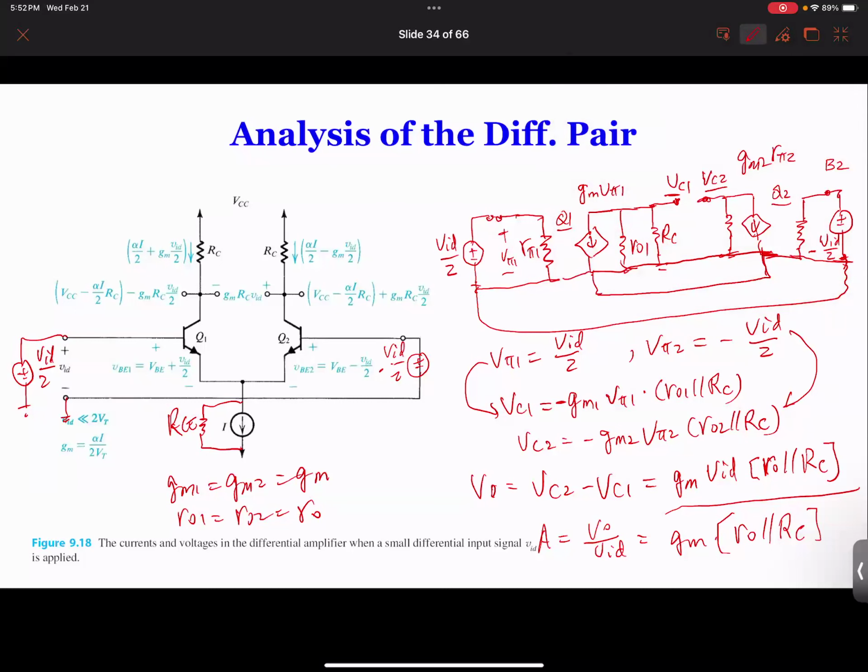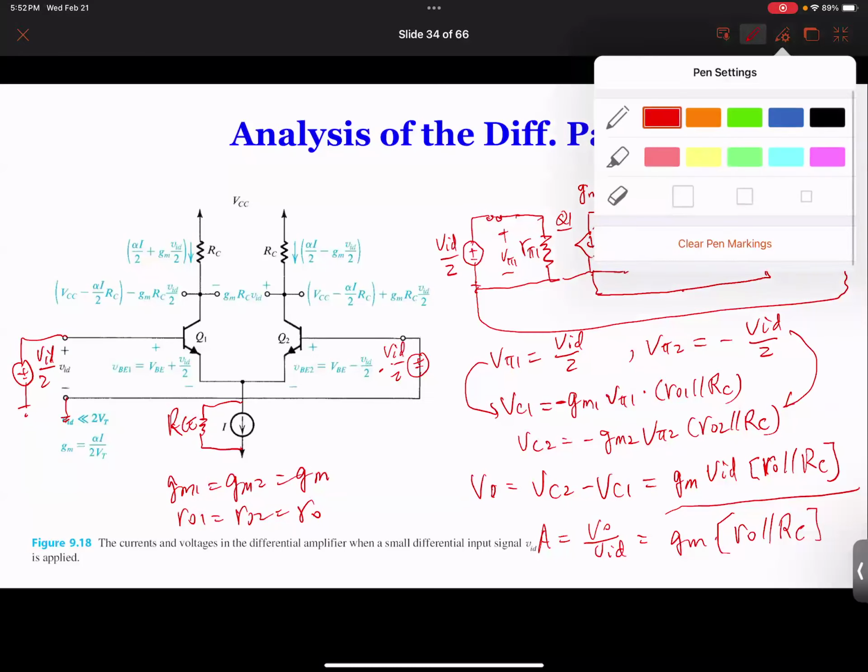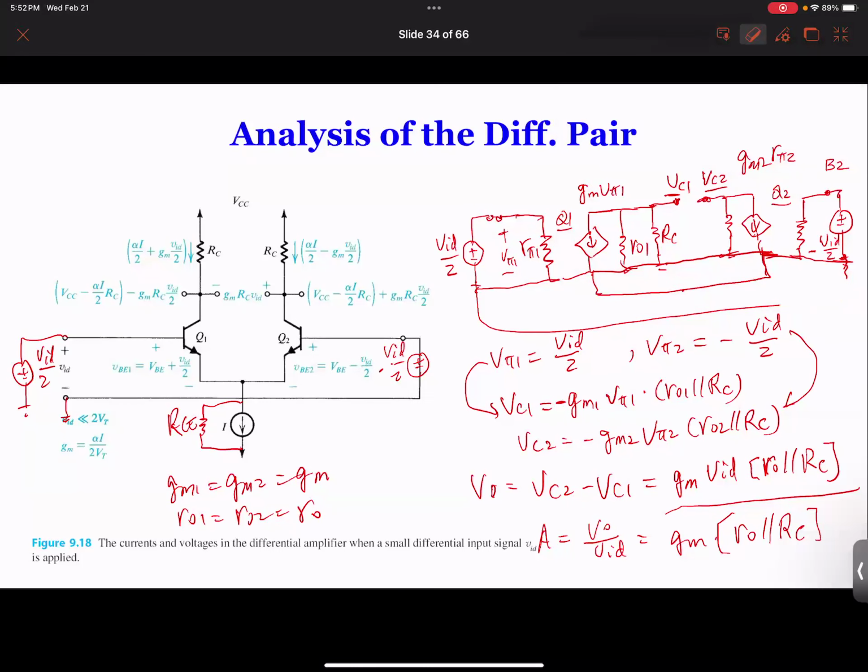Between the emitter of this one, and then let me erase this. So this is REE to ground. And then this is ground, and then this is ground. So what happens is that this REE is over here.